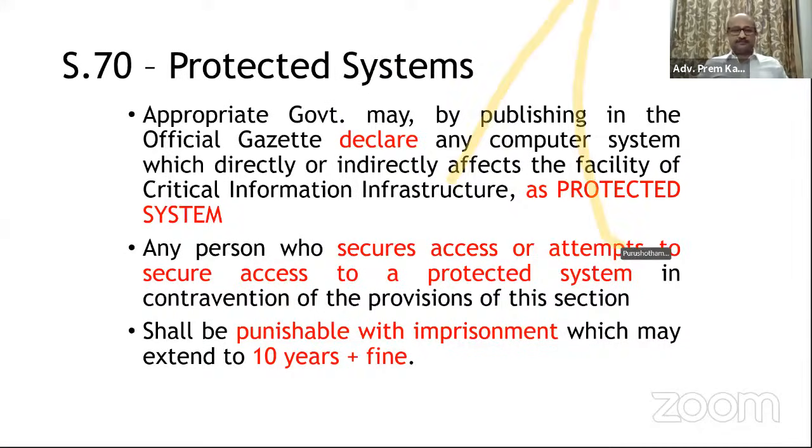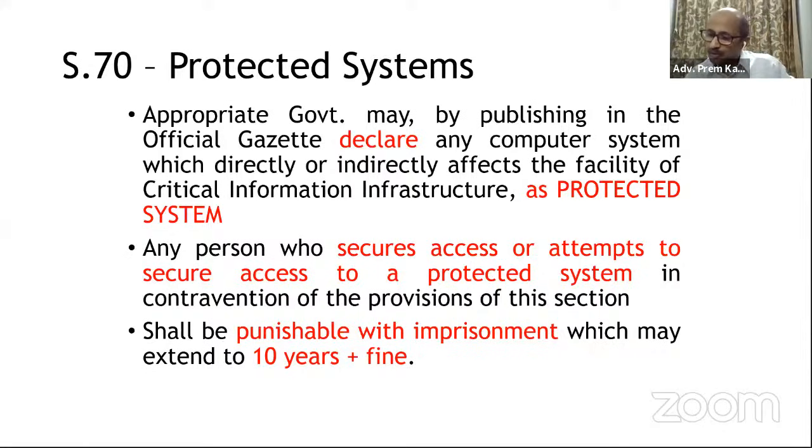What is a protected system? Now, protected system: any appropriate government may, by publishing it in the official gazette, declare any computer system which directly or indirectly affects the facility of critical infrastructure. Here we need to understand what is critical information infrastructure. It basically deals with areas like defense, health, oil and gas.